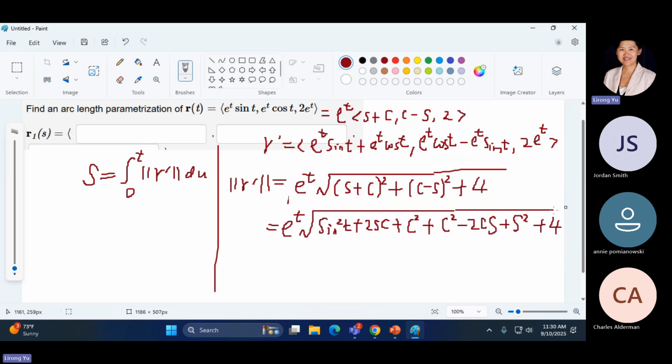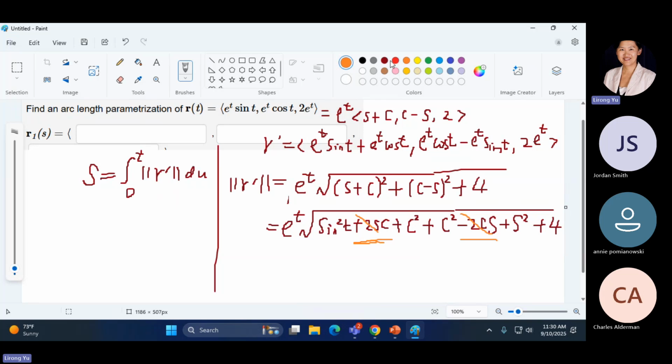Excuse the sin and cos, because you know how long they are if you write the whole thing with the full name of the function. But because we aim to determine the relation, there's a 2 times sine times cosine and a negative 2 times sine and cosine. They actually cancel.